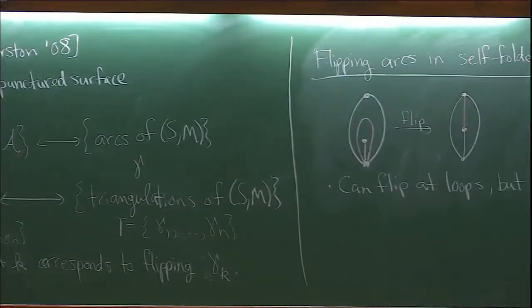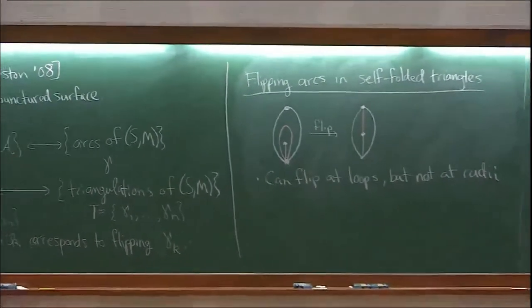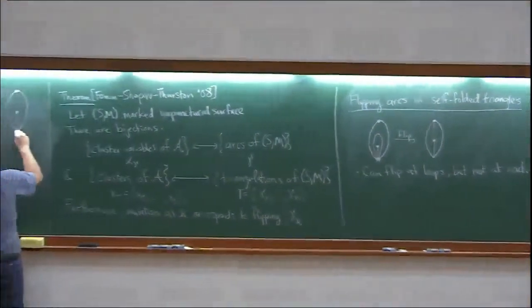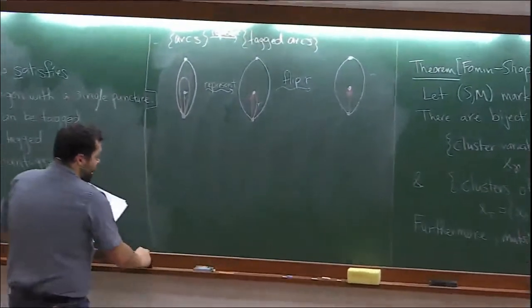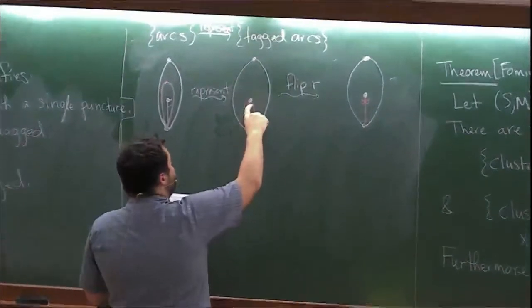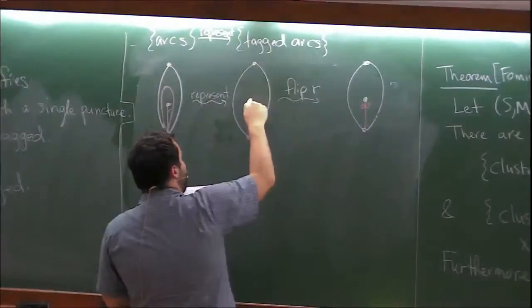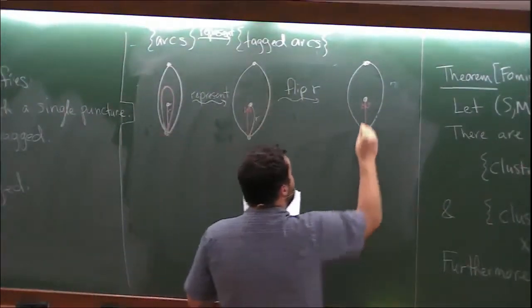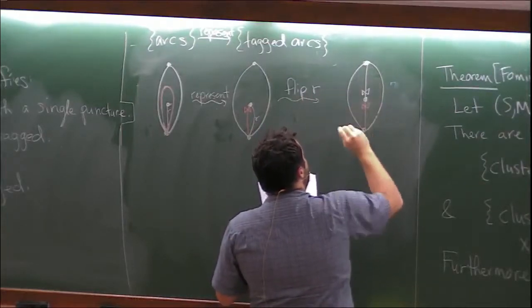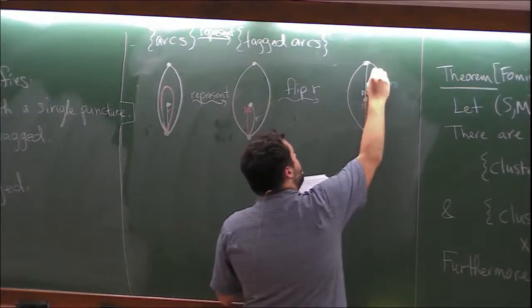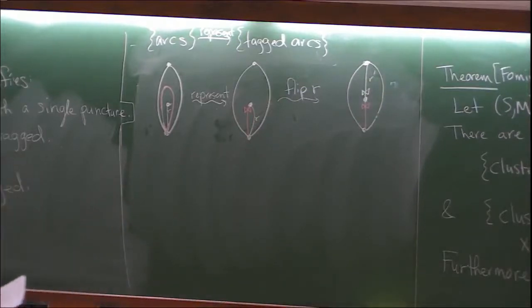Maybe I'll draw that one in red again, just to show you that it's the same one as before. That one still remains. And now I'm replacing this one with this arc here that has a tag right there. So this is how I flip. So this is my new R, R prime. Good.